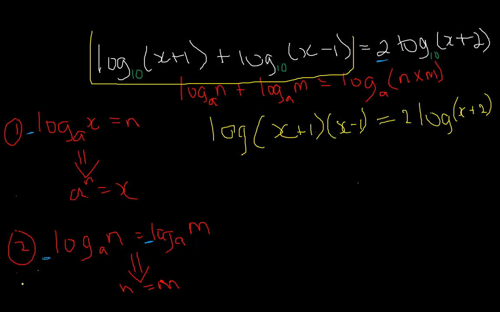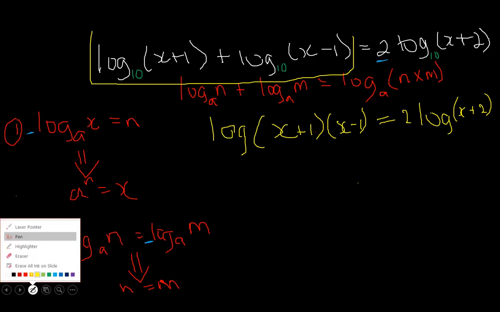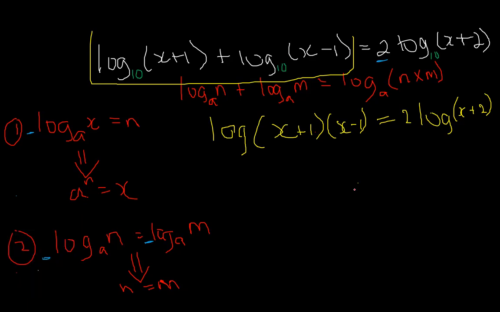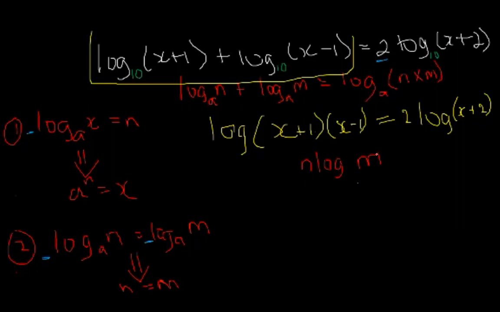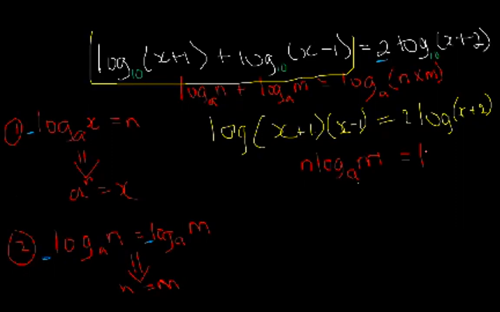We also have another law that we could apply here to help us simplify it. What law is that? Well, that law states that n log m to the base a is equal to log of m to the power of n to the base a.